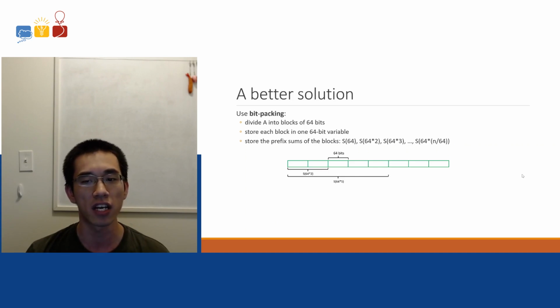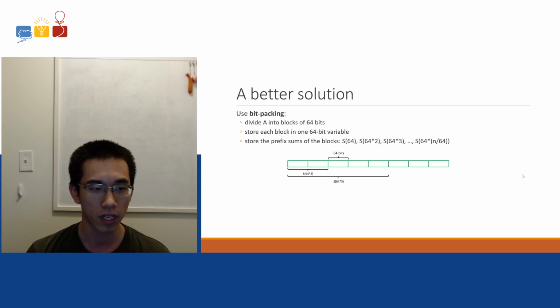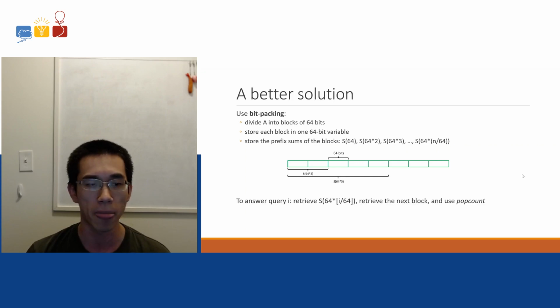So the entire input will be stored in an array of size n over 64. Then we store the prefix sums of the blocks. In other words, we store how many ones there are in the first 64 bits, in the first 128 bits, in the first 192 bits, and so on. And we store all these sums in the data structure.